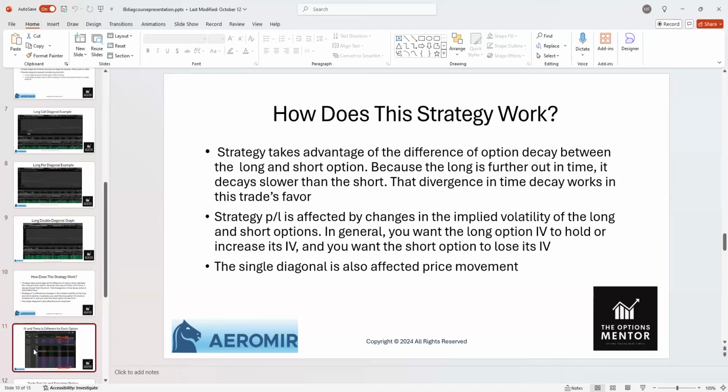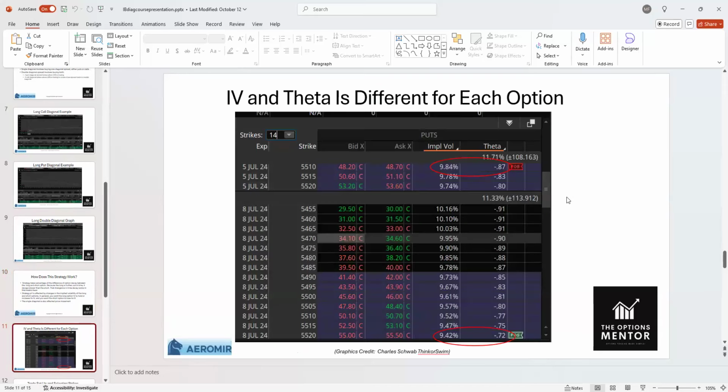Now, you can also make money in these with the Vega. You can also lose money that way, but they are long volatility. Each option, as I'm pointing out here, has its own implied volatility. Here's a snapshot in time back in July, where the short that I would have sold here, July 5th, 55.10, had a 9.84% implied vol, while the long was 9.42.